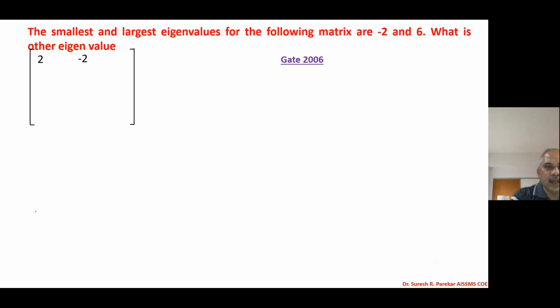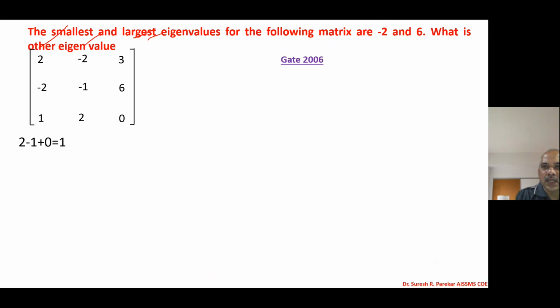Then we can have again two values given in the same way. So actually the problem was: following matrix and one value of the eigenvalue is given. So the smallest and largest value, this problem is actually from the last one.